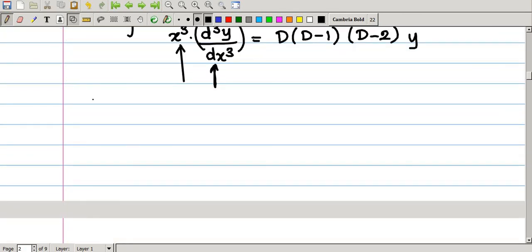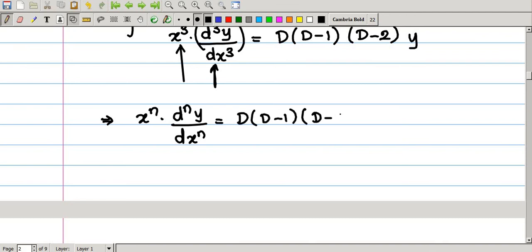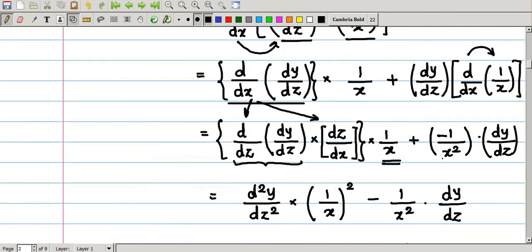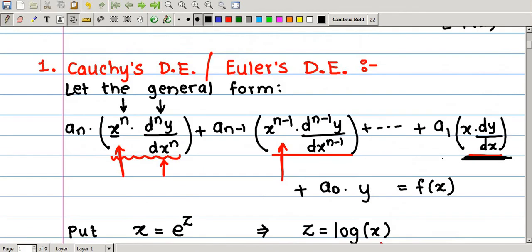So in general, we can replace x raised to n into nth order derivative of y with respect to x by D into D minus 1 into D minus 2 up to D minus n minus 1 into y.